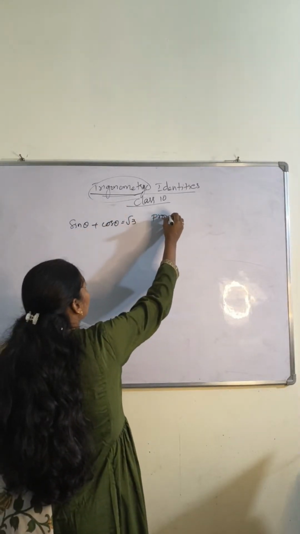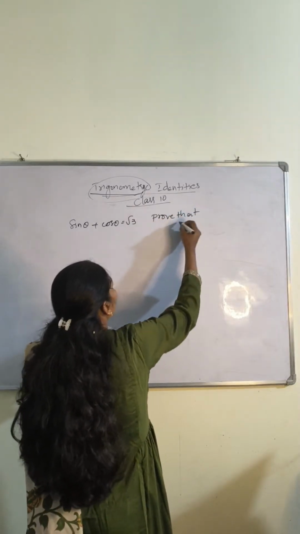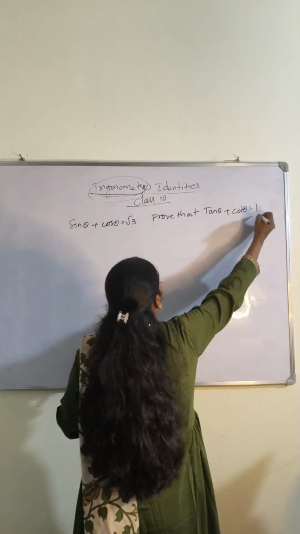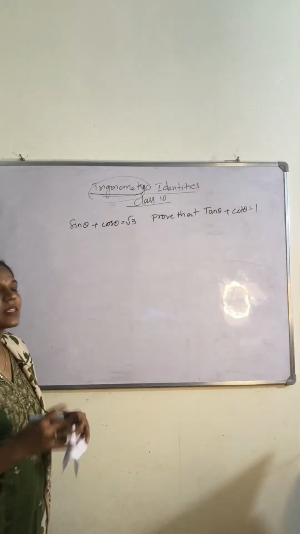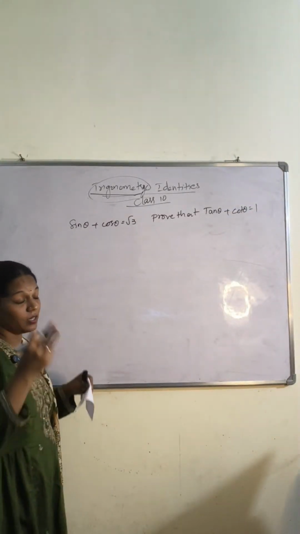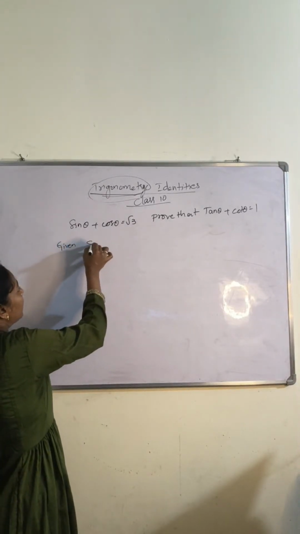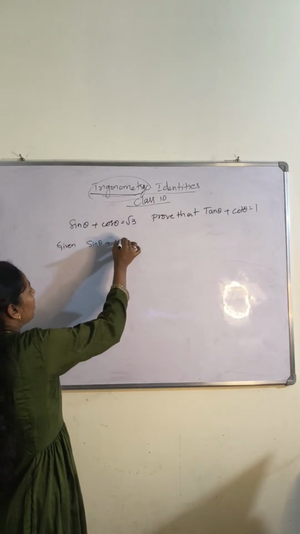Prove that tan theta plus cot theta equals 1. This is given for a 3 marks question. So given is sin theta plus cos theta equals root 3.